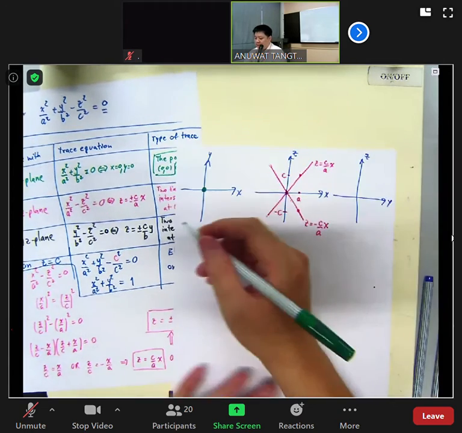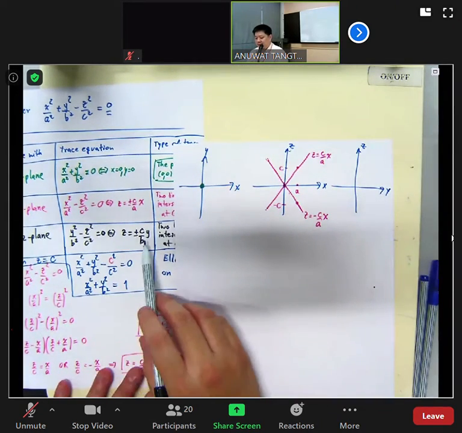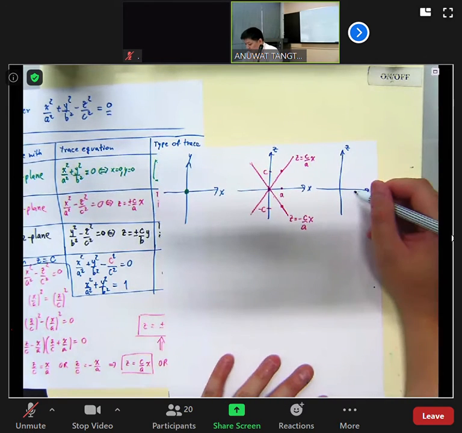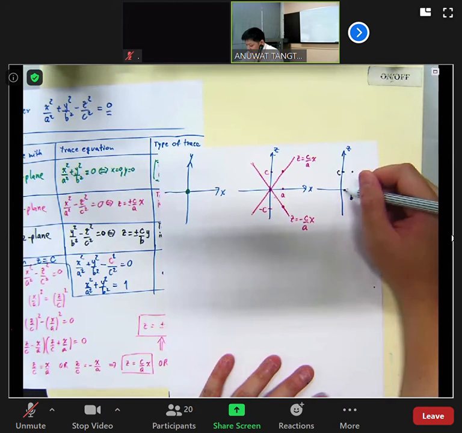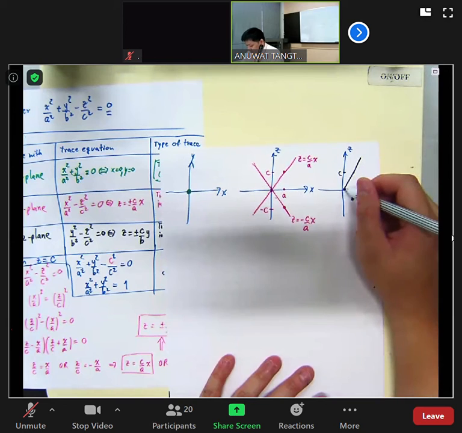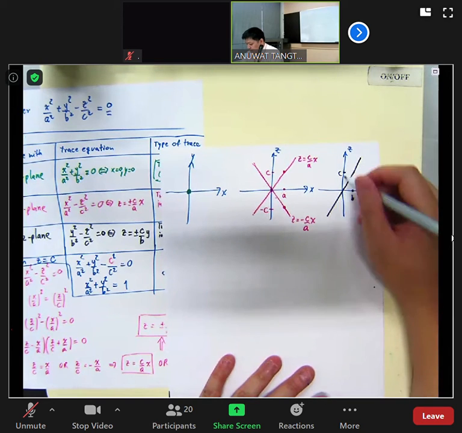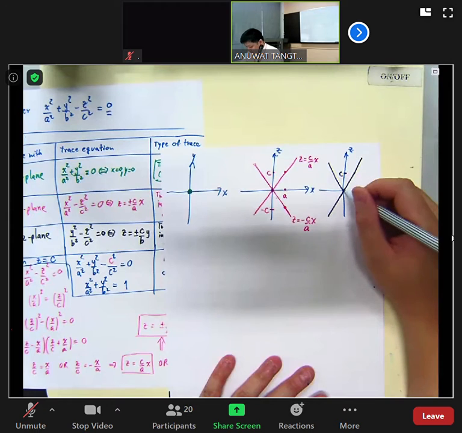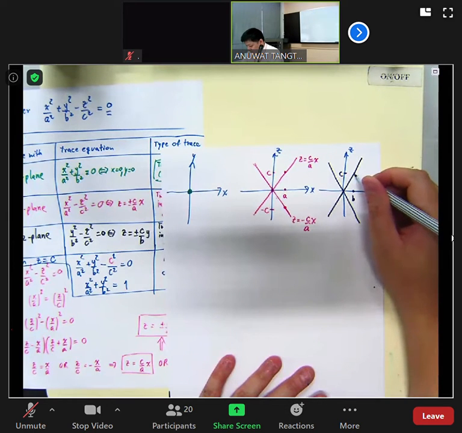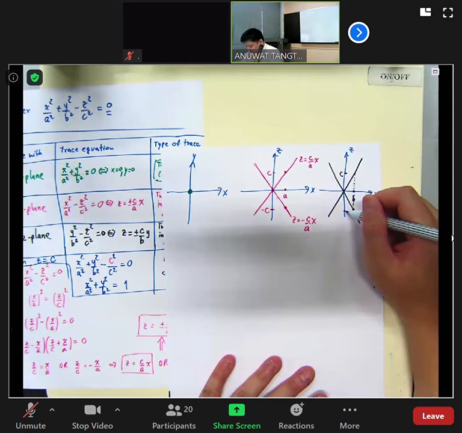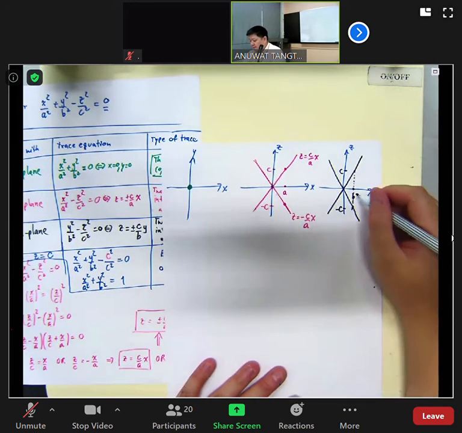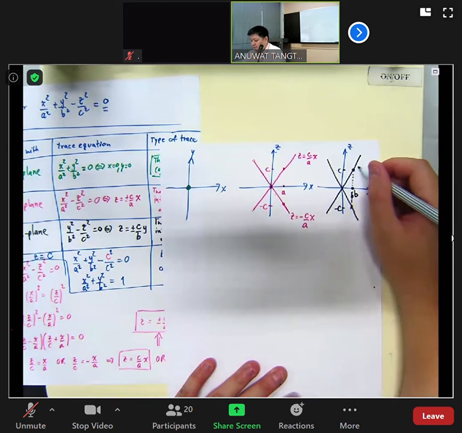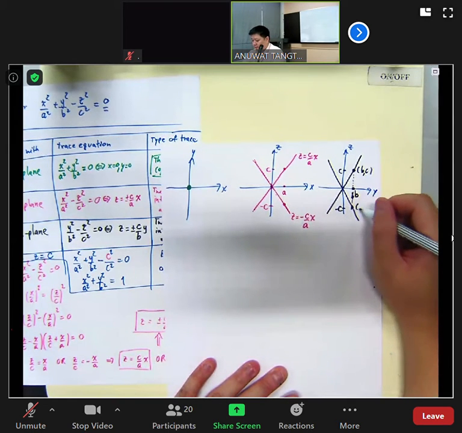And similarly, the last one on the yz plane, y equal to b. When y equal to b, z will be c. It passes through the point b, c. This is the point b, c, and this is the point b, minus c.